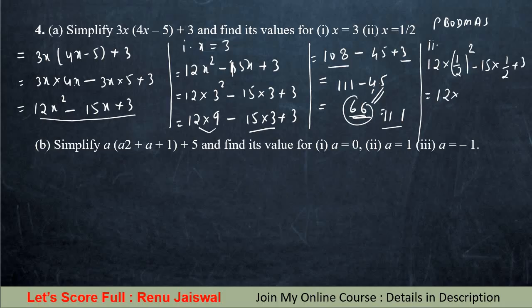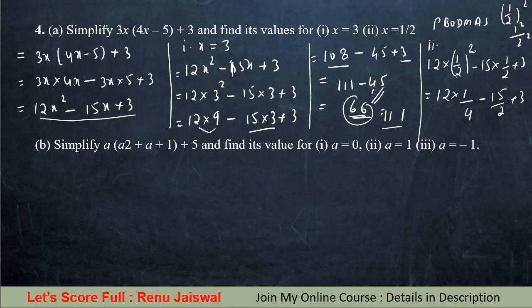Here 12 and see, when there is a fraction and we need to square that, square the numerator and denominator. 1 square is 1 only, 2 square is 4. Means if you have 1 by 2 whole square, you can write 1 square divided by 2 square, right? And here 15 by 2 and then plus 3.